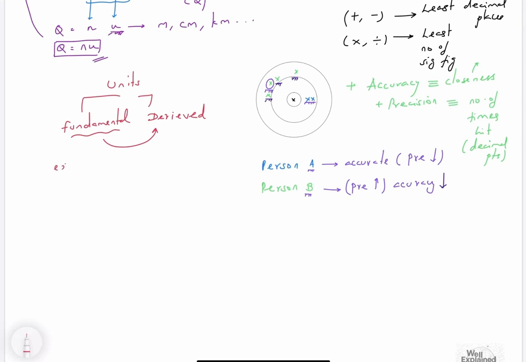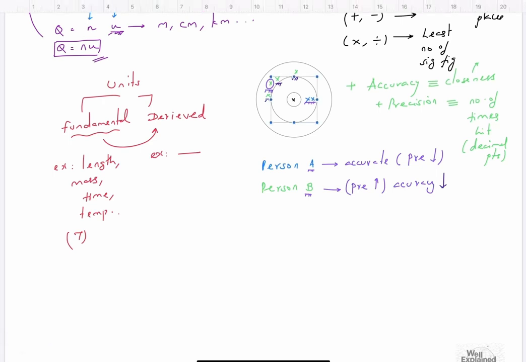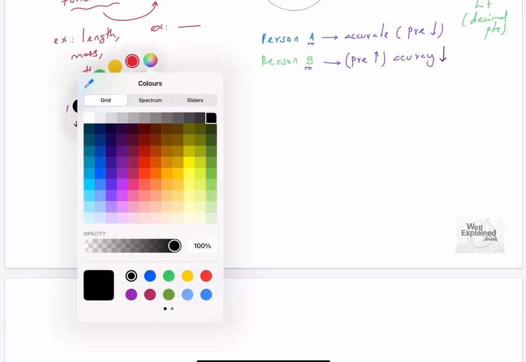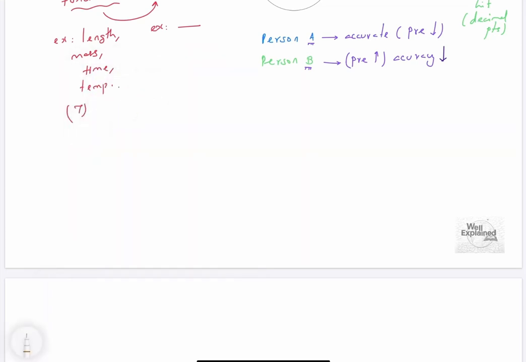Fundamental is length, mass, time, temperature, and so forth. Actually there are seven fundamental units and the rest all will come under derived. So what are those seven fundamental units? You can actually make a table: physical quantity, then you have its unit, then you have symbol.